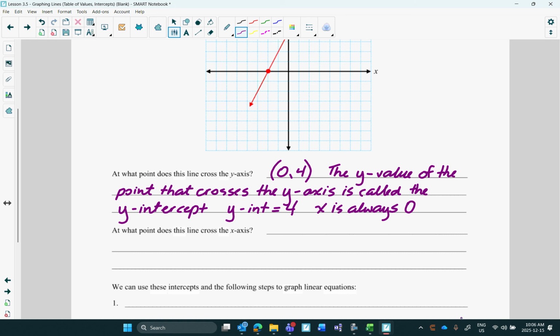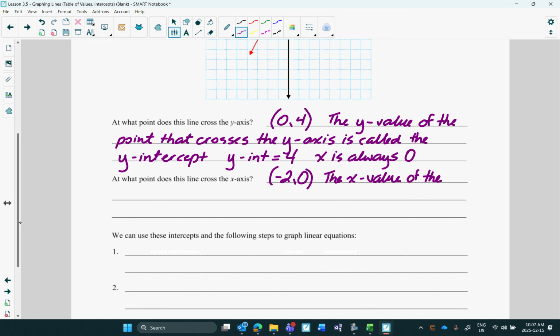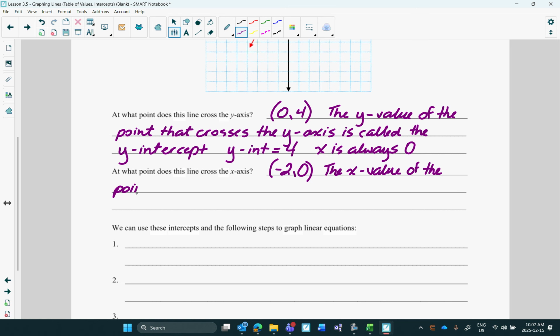Similarly, what's the point, so 2 numbers, where this line crosses the x-axis? -2, 0. And the x value of the point that crosses the x-axis is called the x-intercept.